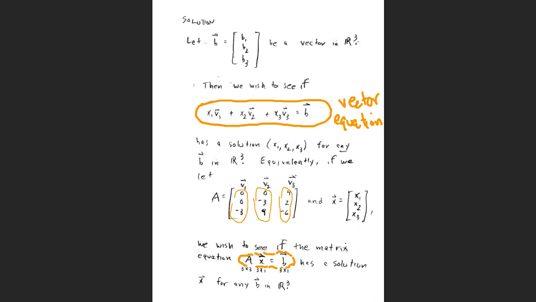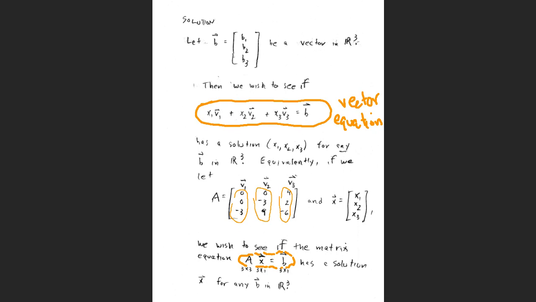And the matrix equation, of course, can be expressed as a system of equations. And that means we're going to do row operations. So you see, we're tying in, there are a lot of ways to express a system of linear equations.